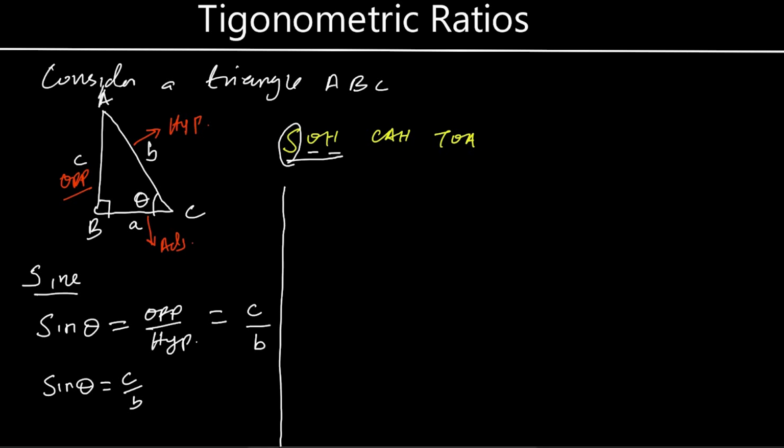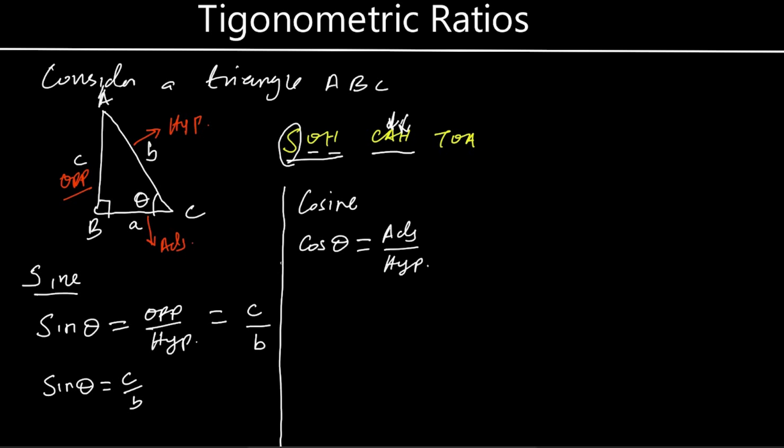Now, that is the first trigonometric ratio. The second one is the cosine. The cosine from our CAH is defined by the adjacent and the hypotenuse. And therefore, we can say cos theta is equal to the adjacent side divided by the hypotenuse.